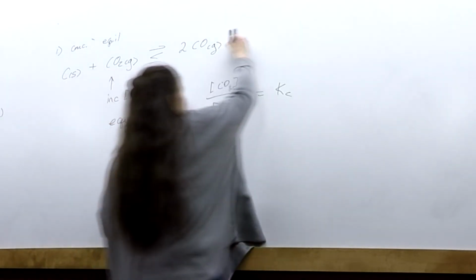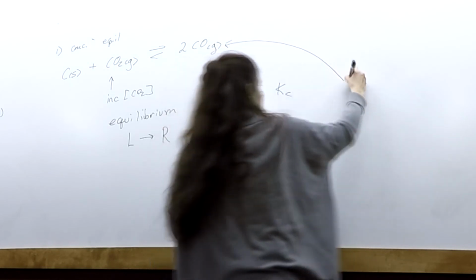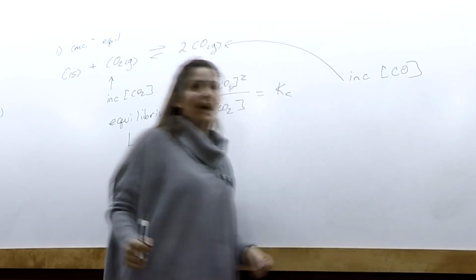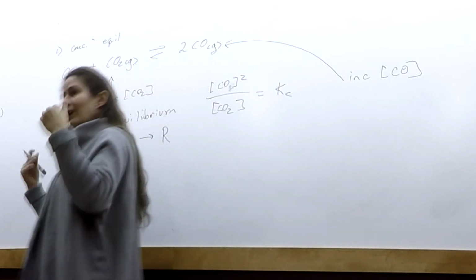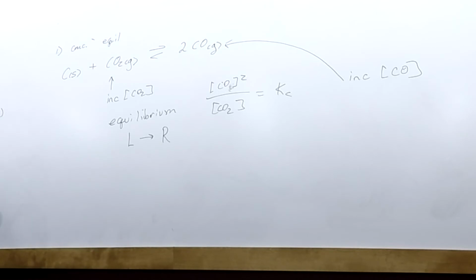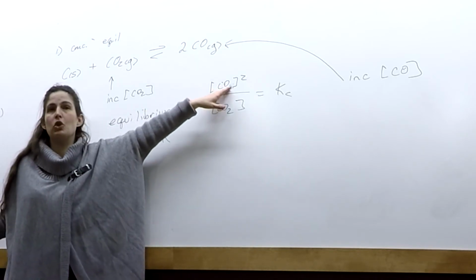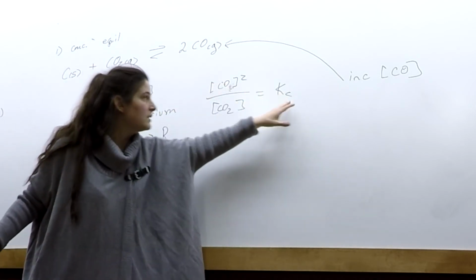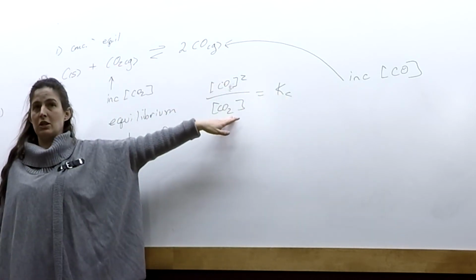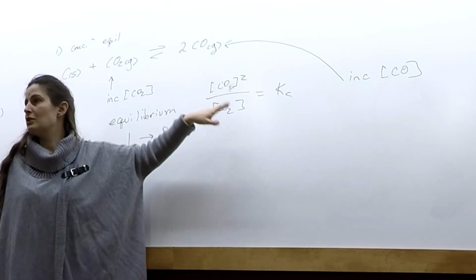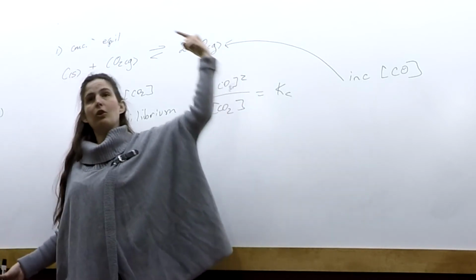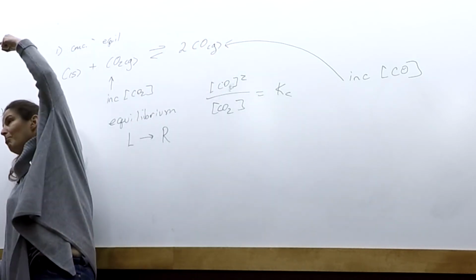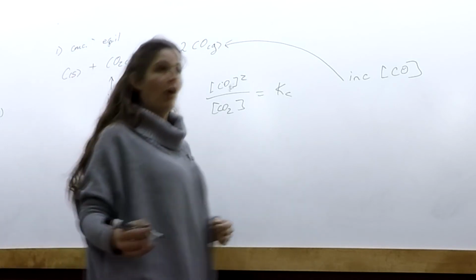So on the other account, let's instead inject our reaction with CO. Now we have a heavy concentration of our product. So now this becomes huge, or it increases. To keep this constant, this must also increase. So in order to increase the reactant, we're going to favor a reverse reaction where we take a bunch of that CO and convert it back to CO2 and carbon.